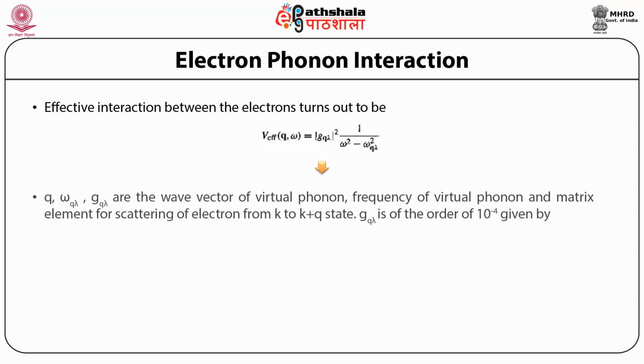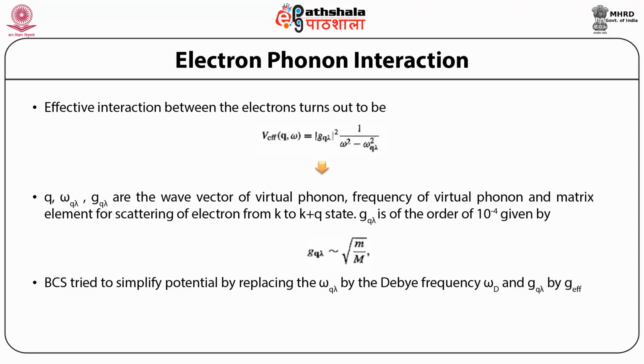So this q here is the wave vector of the virtual phonon, omega_qλ is the frequency of the virtual phonon, and g_qλ is a matrix element for scattering of electrons from k to k plus q state. g_qλ is actually very small, of the order of 10 raised to power minus 4, and goes approximately as the square root of small m divided by capital M.